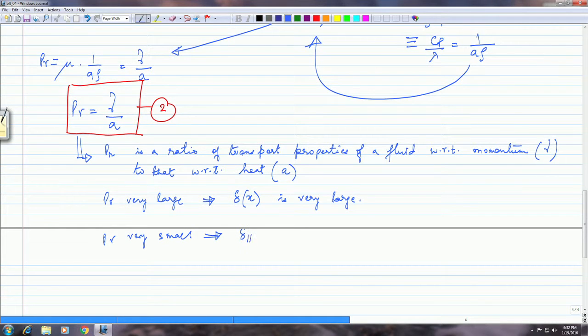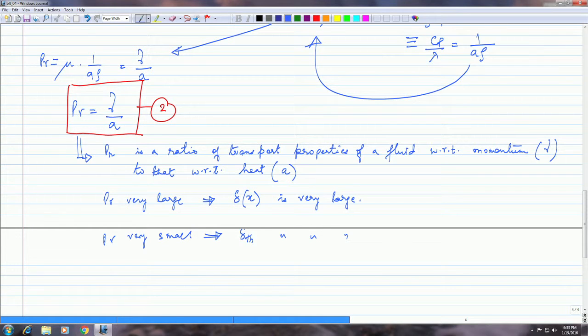So we can say that the thermal boundary layer is very large, or that it dominates. I will expand on that a little bit right now. Therefore, Prandtl number is also a direct measure of these two distances, the velocity boundary layer and the thermal boundary layer.